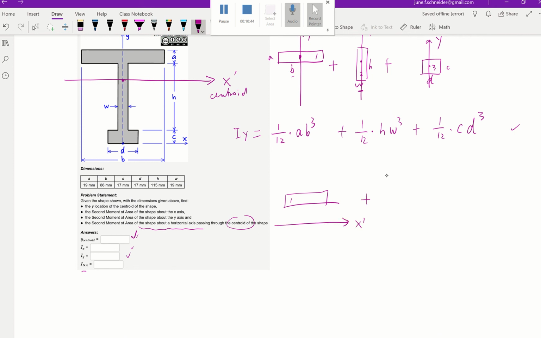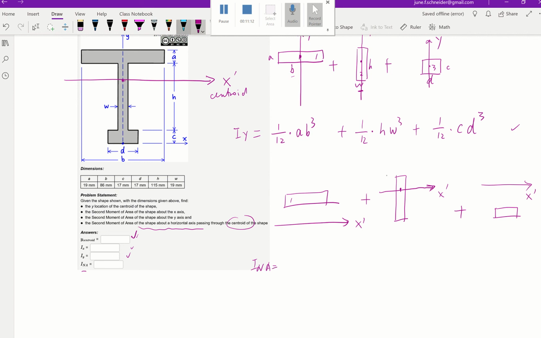Then you are going to add this middle one, and x prime is somewhere around there, right? Because it's on the upper top. That's going to be the x prime. And then if you look at the bottom one, it's going to be below the x prime. That's what we are solving for, this I regarding the neutral axis.